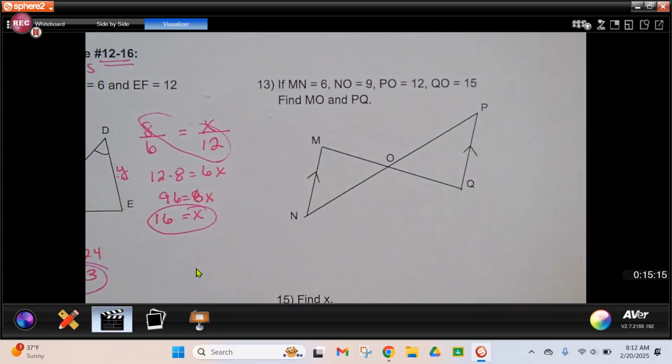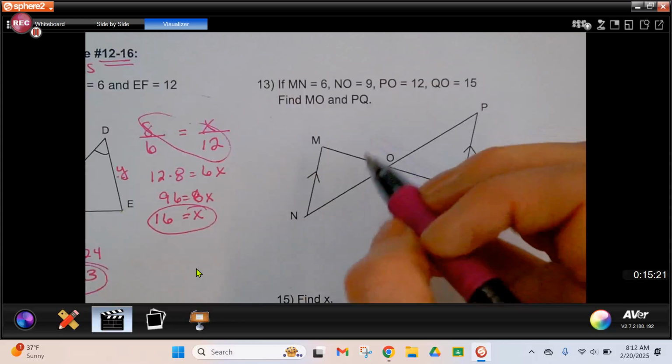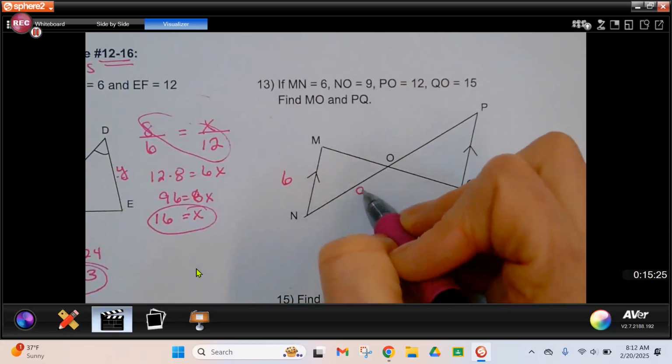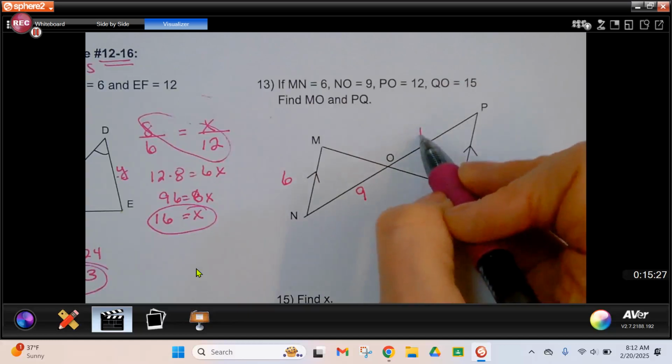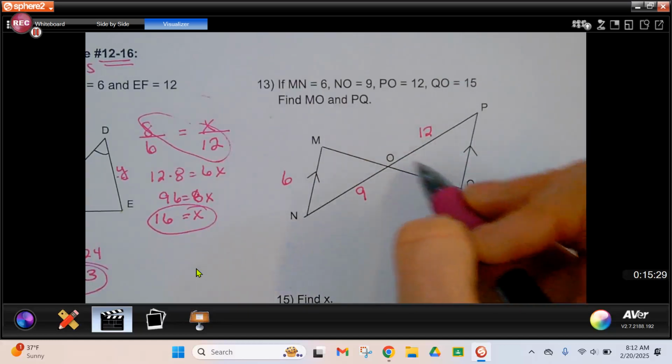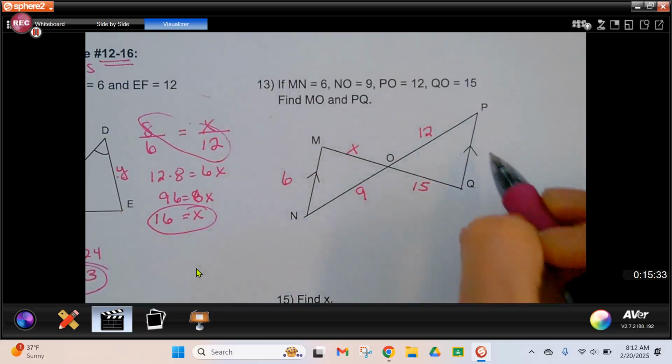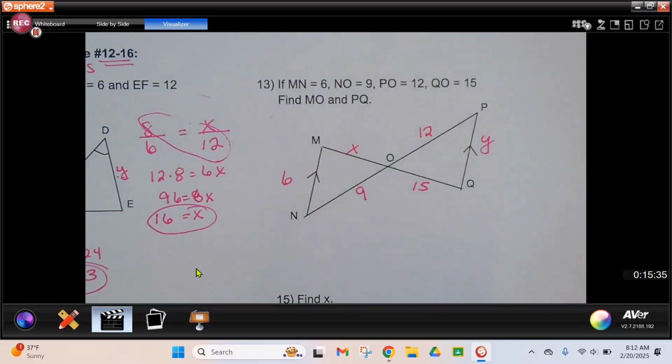Okay, number 13. If MN equals 6 and NO equals 9, PO equals 12, and QO equals 15, find MO, let's call that x, and let's find PQ, let's call that y. So we need to find x and we need to find y.